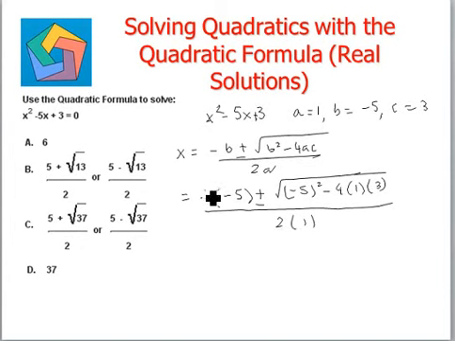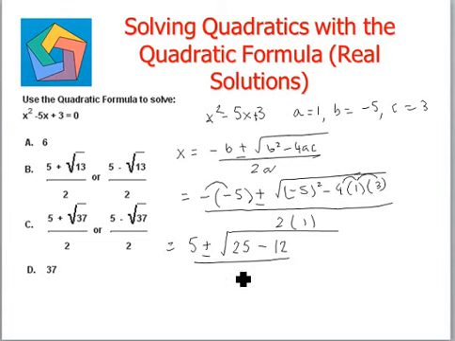A negative times a negative is a positive, so we get a positive 5, plus and minus negative 5 squared, which is negative 5 times negative 5, a positive 25, minus 4 times 1 is 4, and 4 times 3 is 12. This is 12 divided by 2 times 1, which is 2. This is equal to 5 plus or minus 25 minus 12, which is 13, divided by 2.